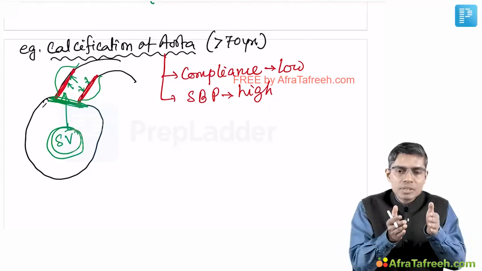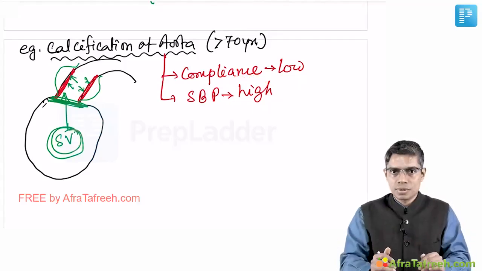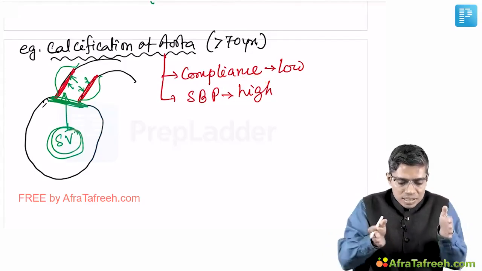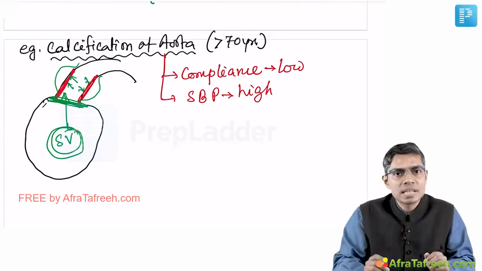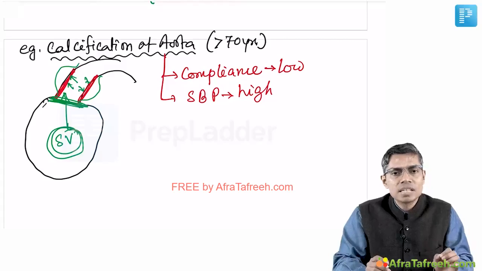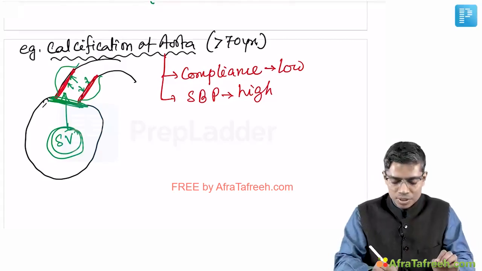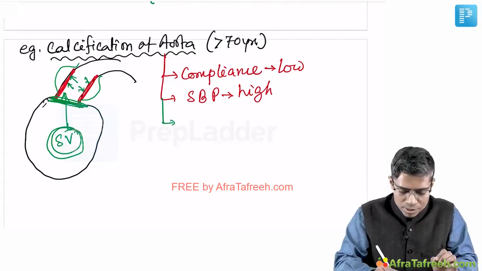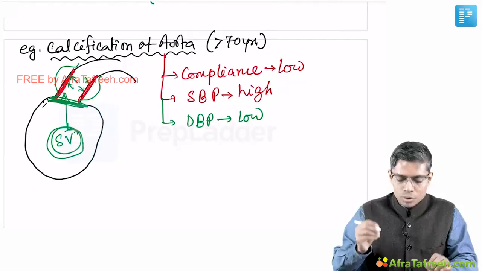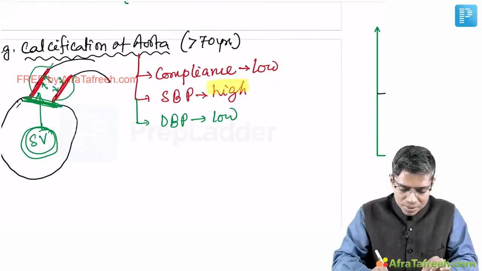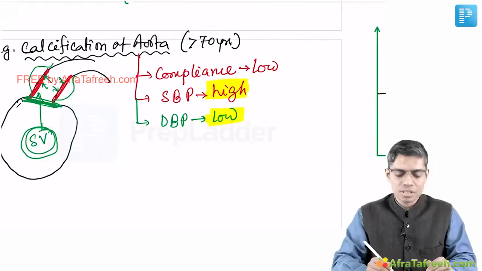What will happen to the elastic recoiling force? It is not expanding, so obviously the elastic recoiling force will also be less. I told you, the more the elastic recoiling force, the more the diastolic blood pressure. Because the elastic recoiling force is less here, diastolic blood pressure will be low here. So your systolic blood pressure is very, very high, and your diastolic blood pressure is low.